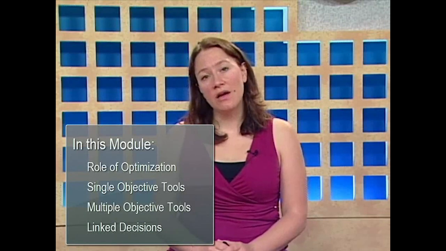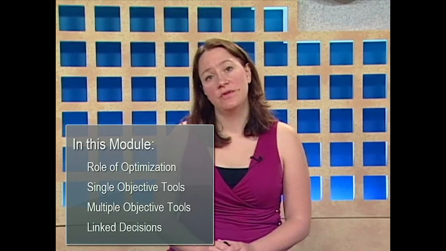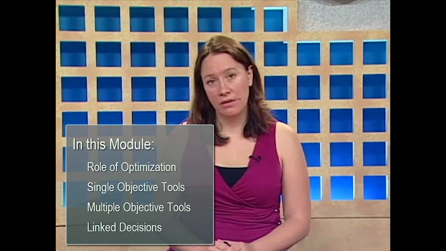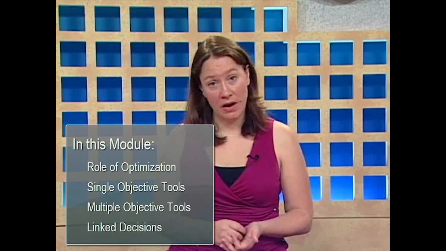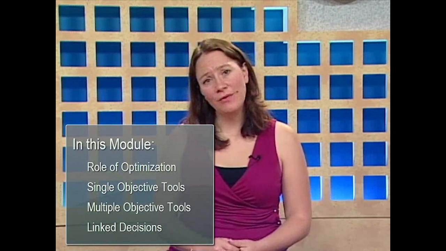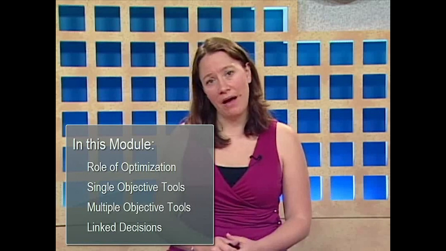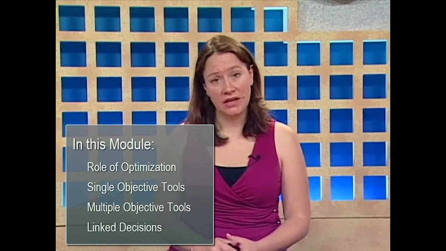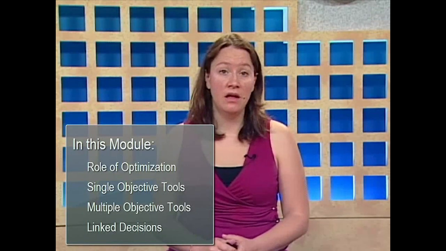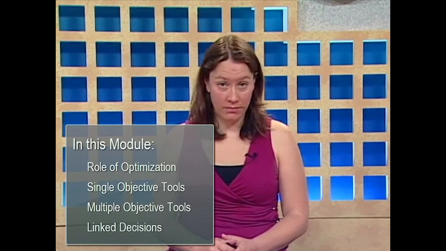And then we're going to talk also a little bit about multiple objective tools, although we'll cover those in much greater detail in the next module. And then we'll finish up by talking a little bit about linked decisions. And linked decisions Mike Runge will cover in a lot more detail in the last module in the course.